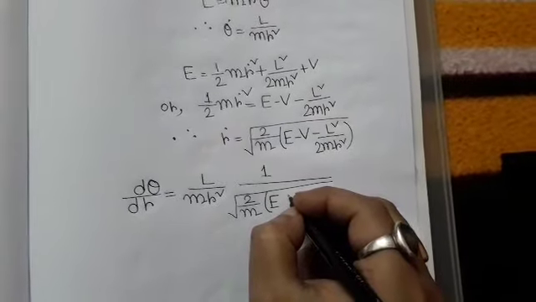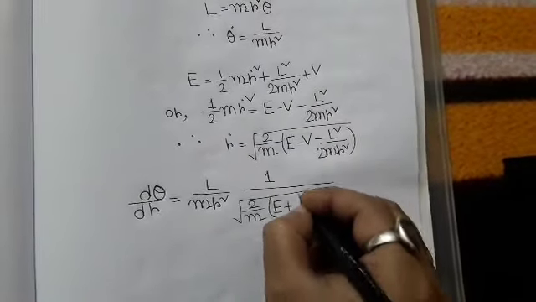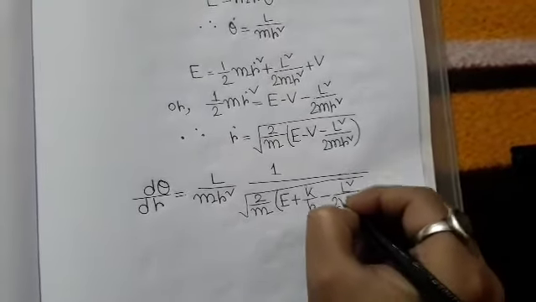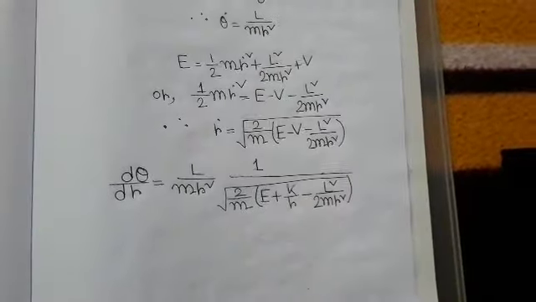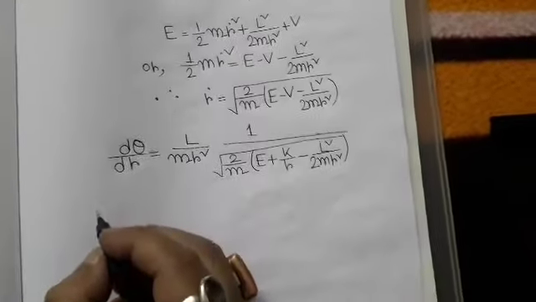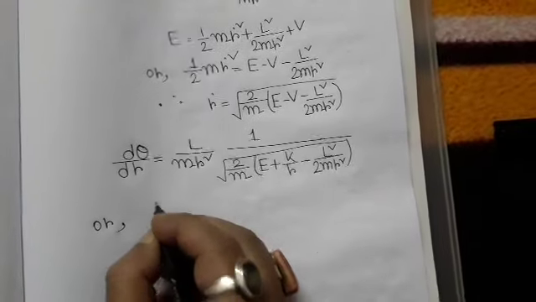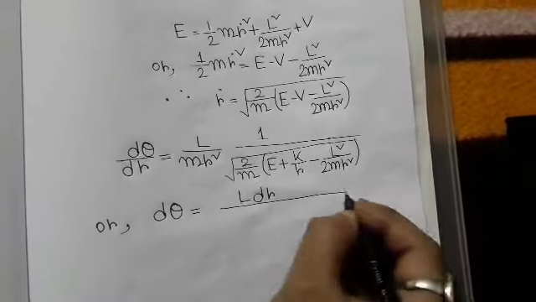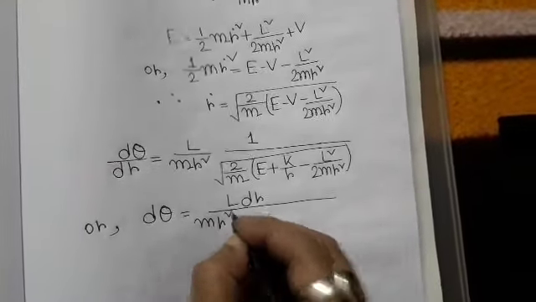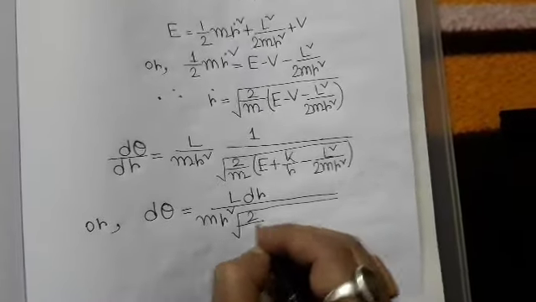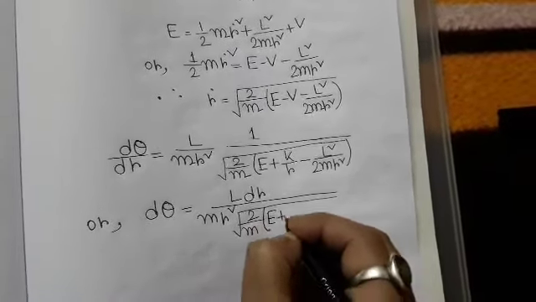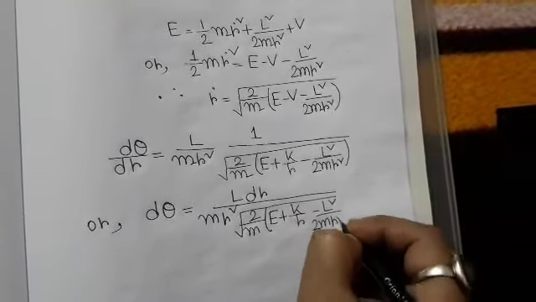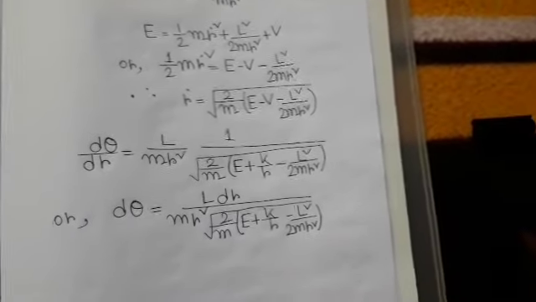In case of a central force field, V is minus k by r, so this is E plus k by r minus L squared by 2 m r squared. So d theta will be L into dr by m r squared, and this is 2 by m into E plus k by r minus L squared by 2 m r squared. Okay, so simply we can write it.